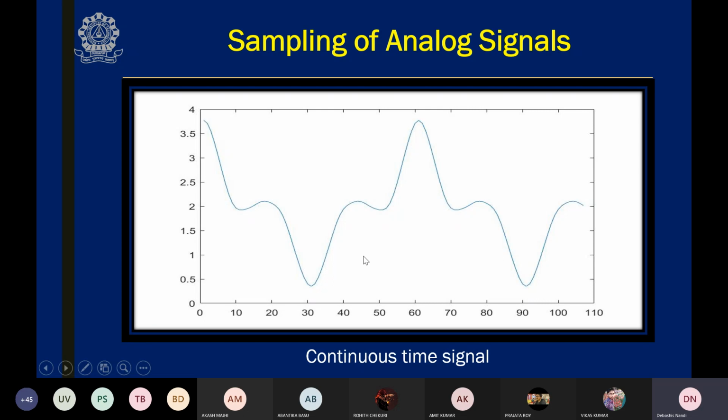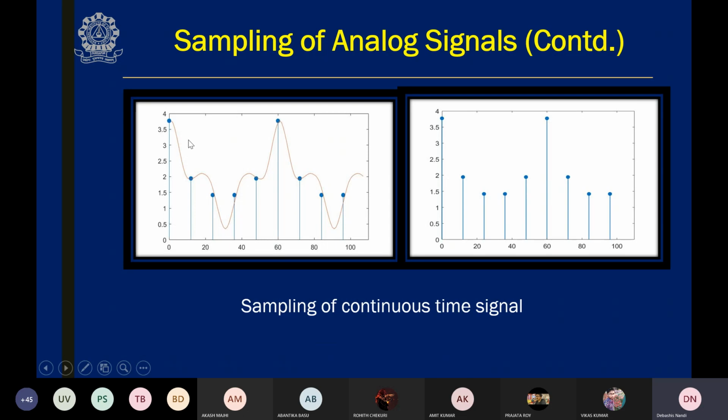So what we generally do is sample the signal at regular intervals. We don't take the signal at every point. Rather, we take the sample values at different time instants, and the sample values will be regular samples. Regular sample means like this.